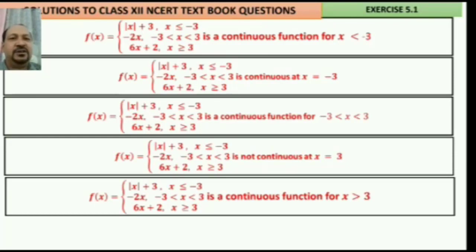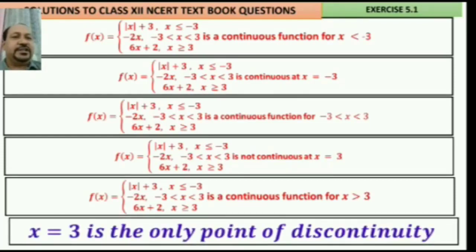Let us summarize all the conditions. f of x is continuous function when x is less than minus 3, and it is also continuous at x equal to minus 3. It is also continuous for x is greater than minus 3 and less than 3.